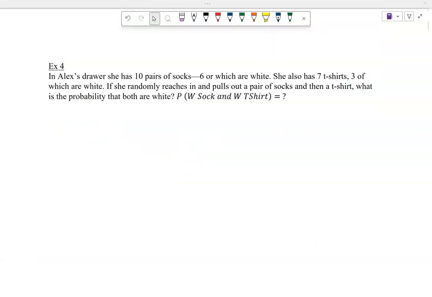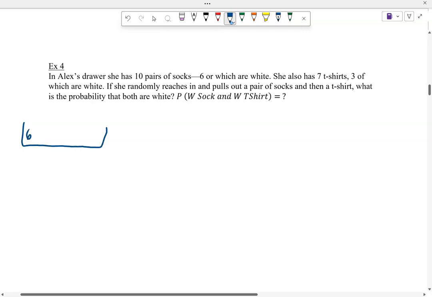Right, here we got Alex's drawer. She has 10 pairs of socks, looks like. Let me do it this way. 6 are white. So she's got these 6 white socks, and there's 10 total socks, right?